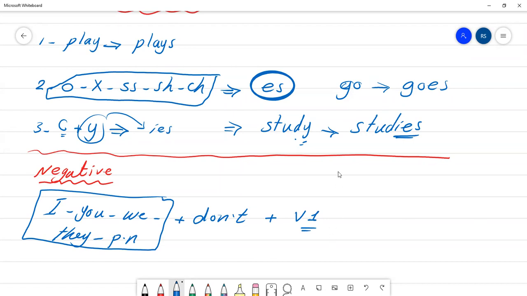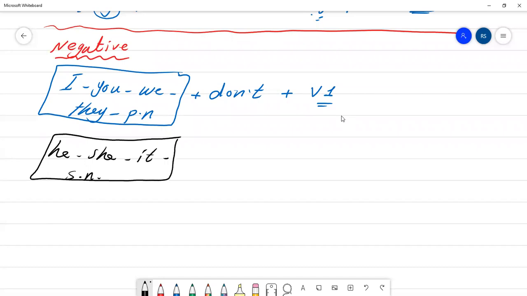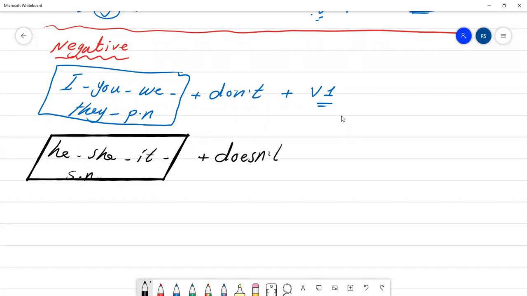Okay. Group two, he, she, it, or singular noun, we use doesn't plus infinitive. What does infinitive mean? It means the verb without s.